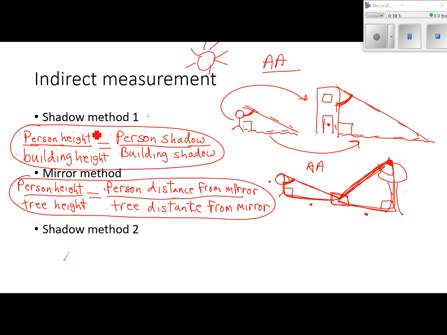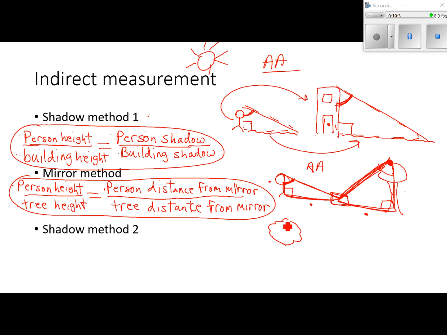The third method is shadow method 2. This one's a little harder, not really harder, just a little different. What you do with shadow method 2, and I use trees and buildings all the time, just because that's something that I can actually draw that maybe you can see what it is.